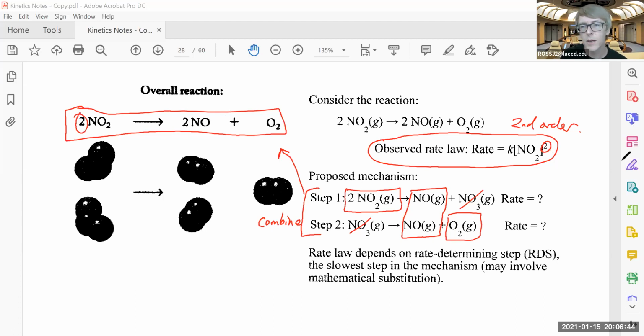But what about the rate determining step? So we're told here the rate law depends on the rate determining step. In fact, the overall rate law is equal to the rate determining step rate.